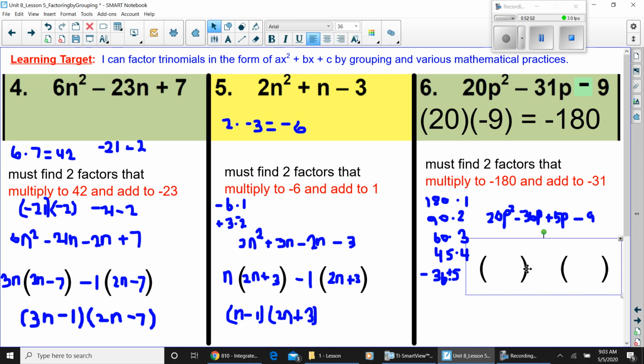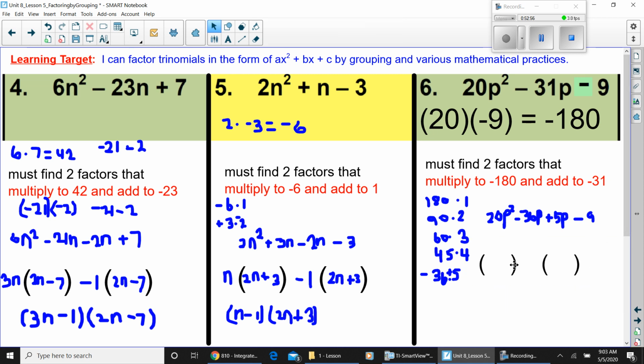So looking at the first two terms, I'm going to make this a little bit smaller because I don't have much room. Looking at the first two terms, I see that each one of these numbers, 20 and 36, have greatest common factors. 20 obviously doesn't go into 36.